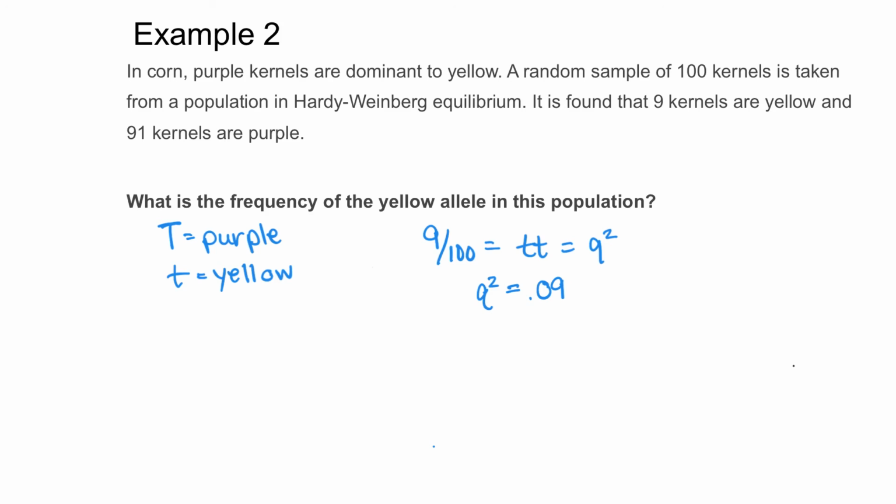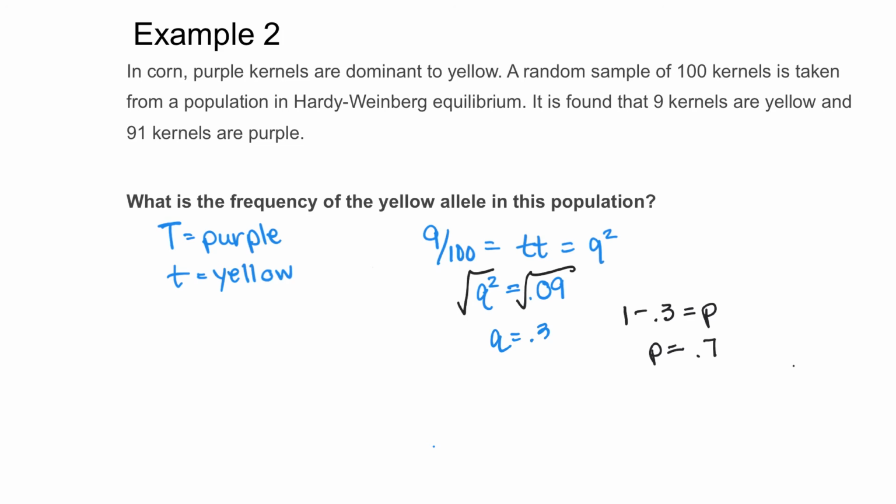In order to find q then, we take the square root of both sides and we end up with q equals 0.3. So now that we have q equals 0.3, we can plug that into our equation, and 1 minus 0.3 is going to equal p. And so p is equal to 0.7.